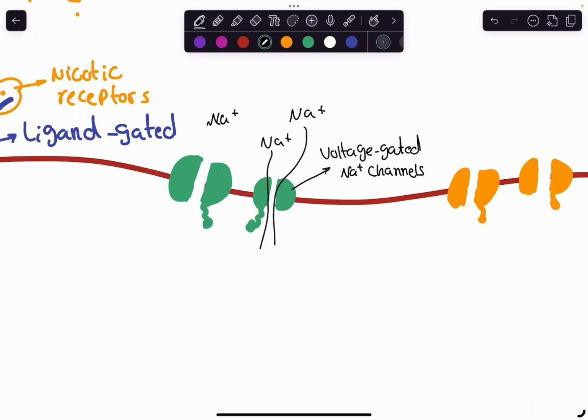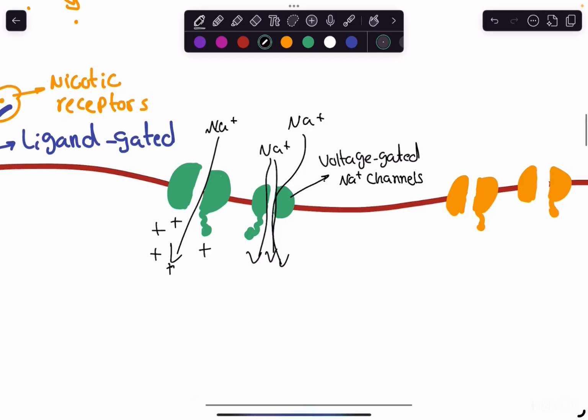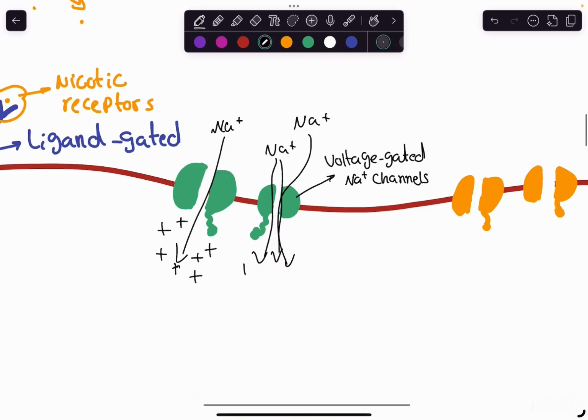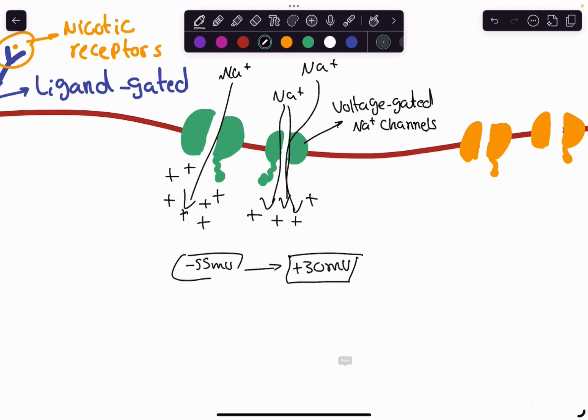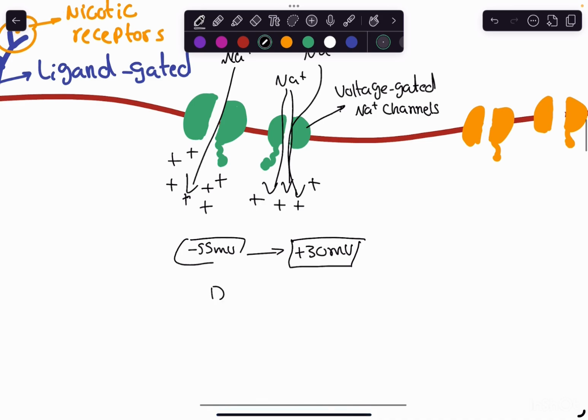So sodium gets in the cell, bringing a lot of positive charges inside the cell. Remember, we were at about negative 55 millivolts, which is the threshold potential. Now we might reach up to positive 30 millivolts. And this process is called depolarization.